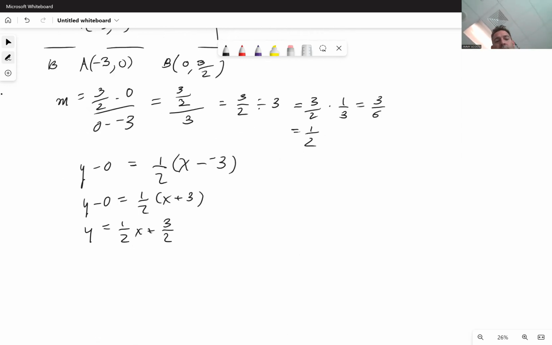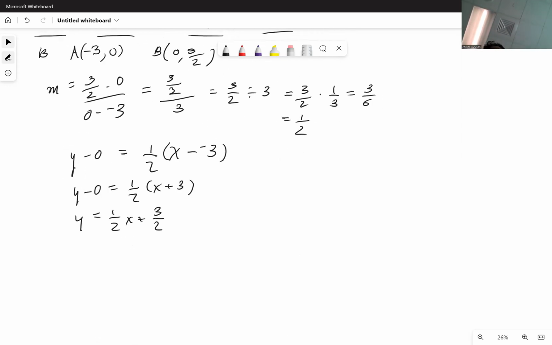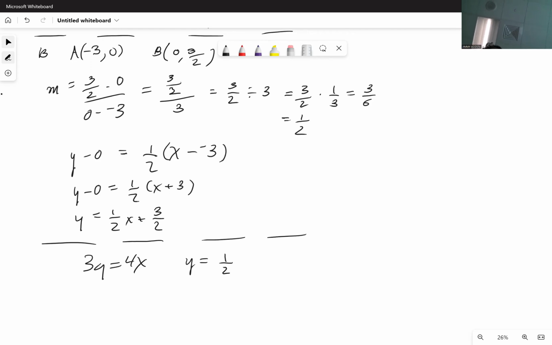Is that what it said? So I'll go ahead and just make a line here. 3y equals 4x, is that what it said? I can't remember. And we have y equals half x plus 3/2. And you got to find the intersection between them.